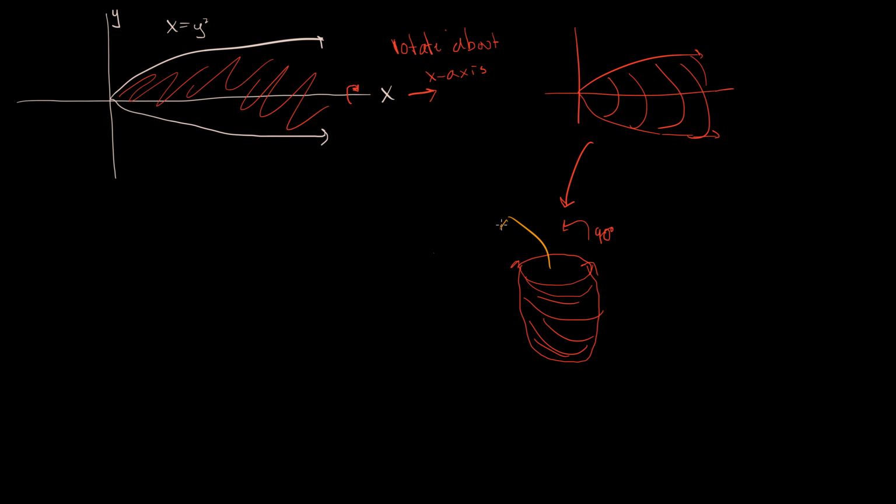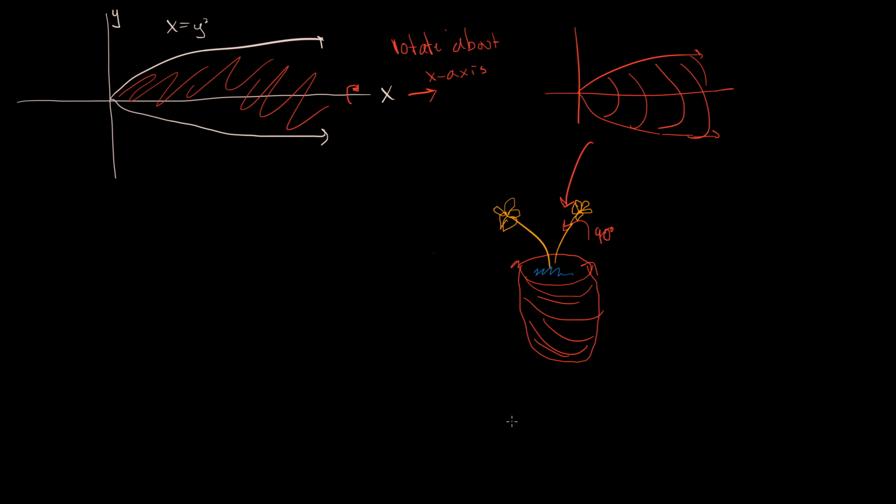Except vases have a hole in them where the flowers go and the water goes, right? But in this case, we're going to assume that this does not have any water in it.